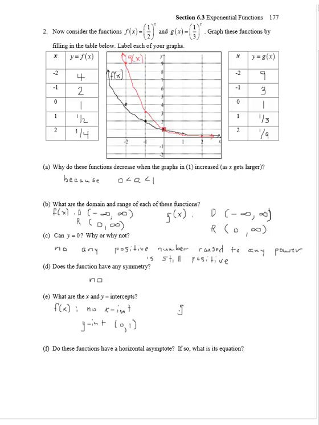For g of x, it's exactly the same. There's no x-intercept. And the y-intercept is the point 0, 1. Do they have a horizontal asymptote? Yes, they do. And its equation is y equals 0 again.